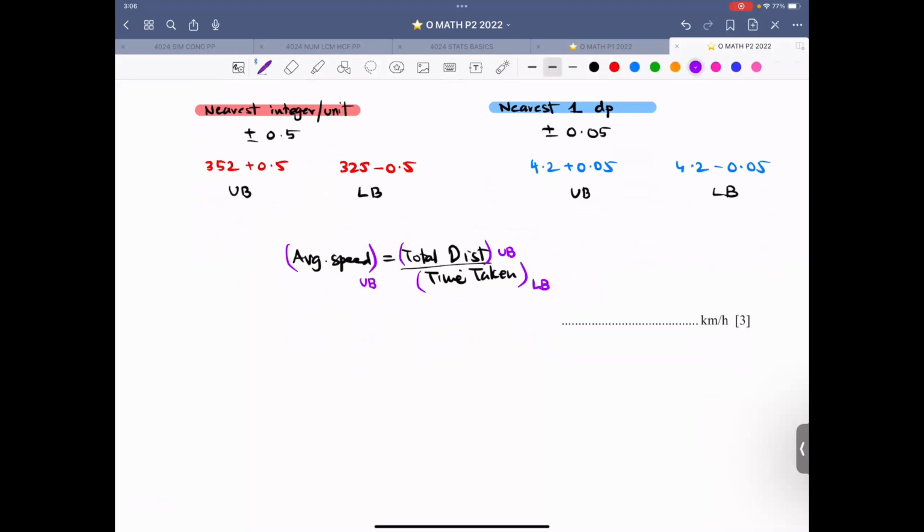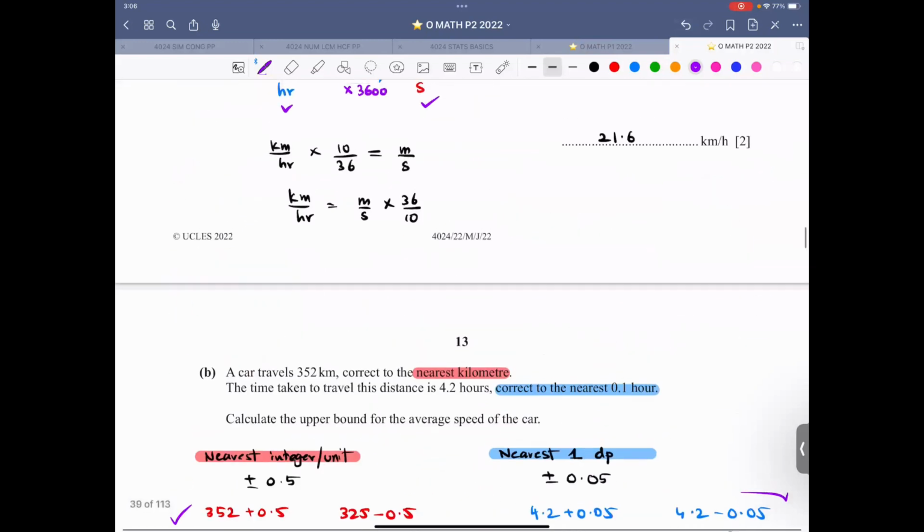That's a rule. So I'll take the upper bound value for the distance, 352 plus 0.5, and the lower bound value for the time. Therefore, this is 352 plus 0.5 divided by 4.2 minus 0.05. Naturally, we will use a calculator, and this value comes out to be 84.9, correct to 3 significant figures. That's the answer for this particular question.